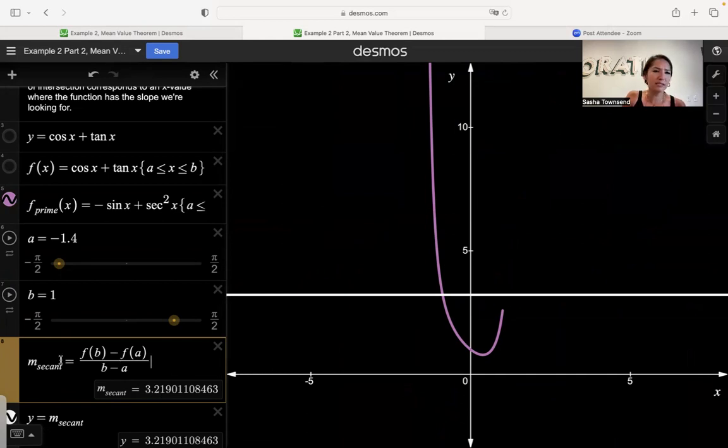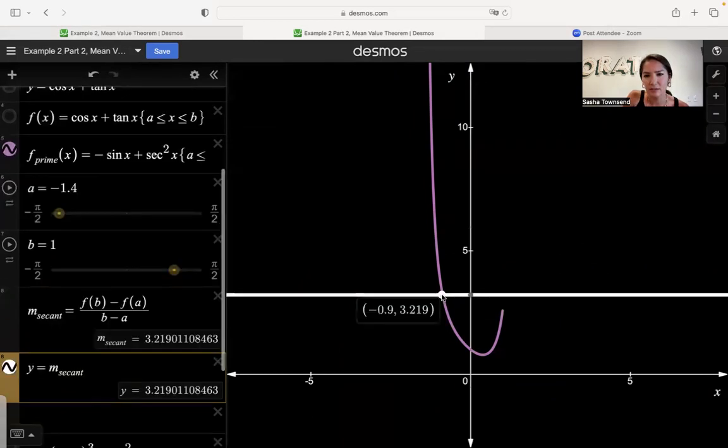So you say, okay, where is this derivative equal to the slope of the secant? It's just the point of intersection of those two curves. So it's that point right there. Notice that the y value is 3.219, which is what we want. That's the slope of the secant. And the corresponding x value is negative 0.878.